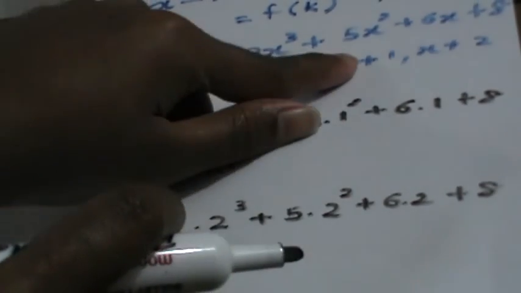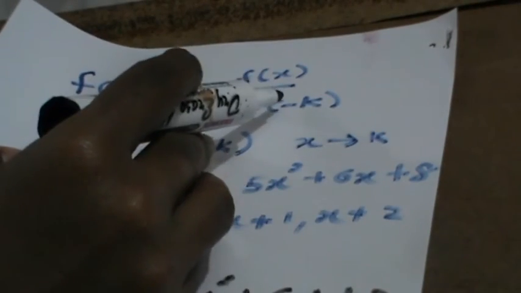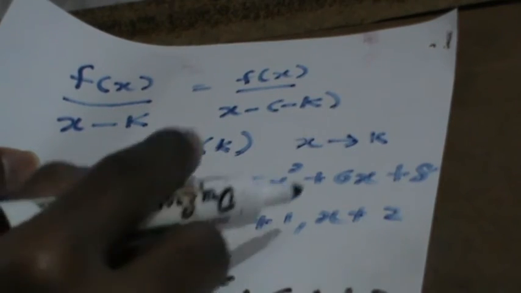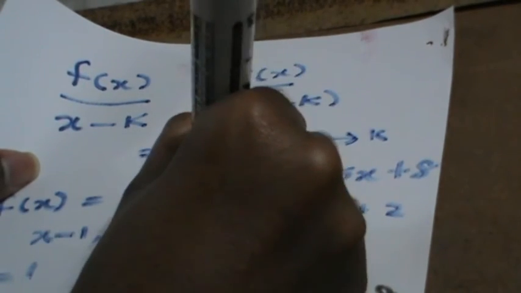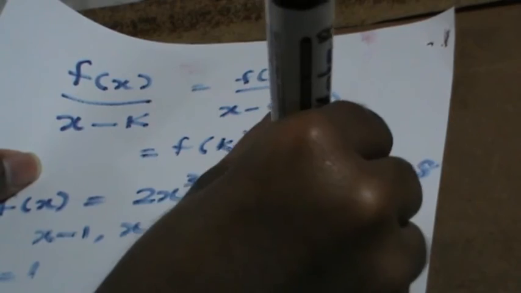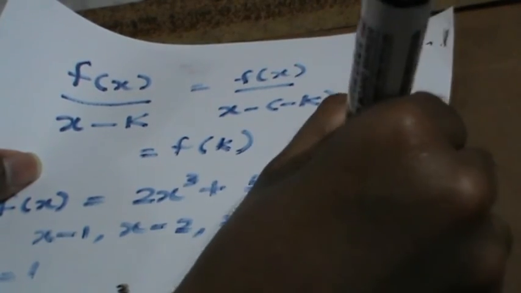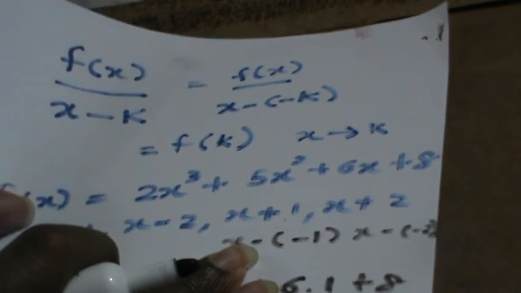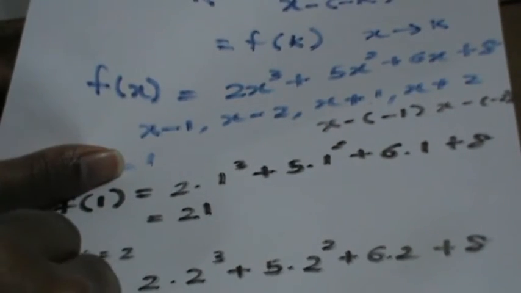Similarly, now you know that when I divide by x plus 1, as I mentioned here, when I divide by a positive value, I write this as x minus the negative value. So x plus 1 is also equal to x minus minus 1, and x plus 2 is equal to x minus minus 2. So for this function, when I divide by this one, k will be equal to minus 1.